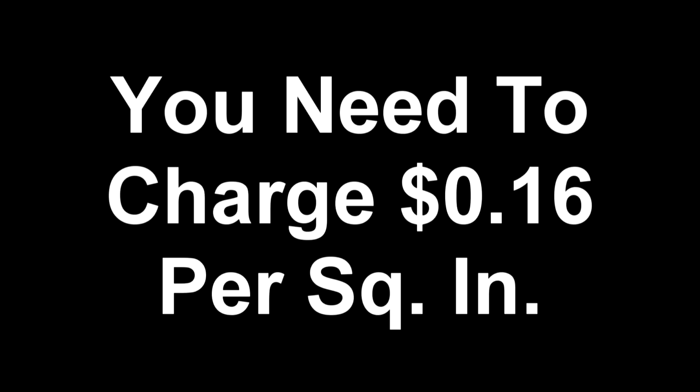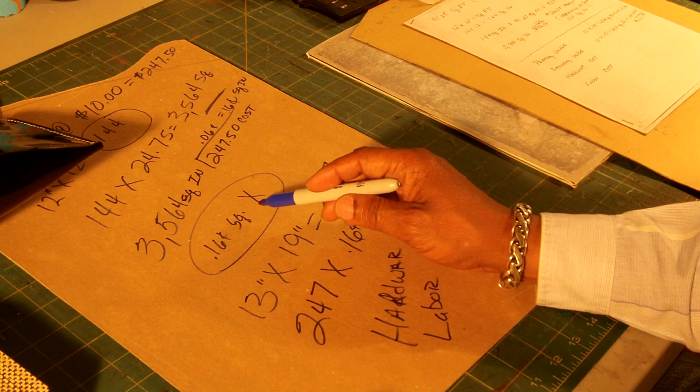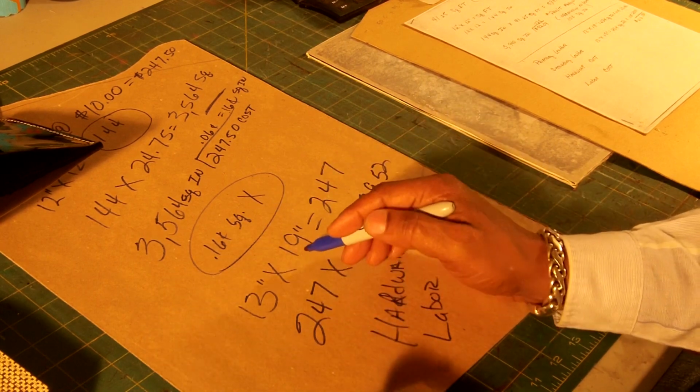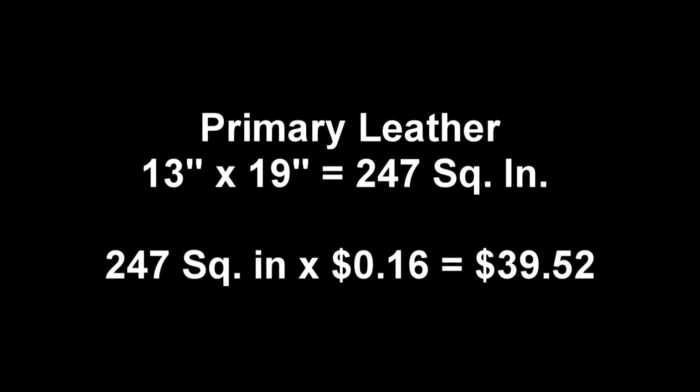Okay, now that we know that we need to charge 16 cents per square inch for the leather that we have purchased, we also know that the pattern is 13 inches by 19 inches. So we'll take the 13 by 19 inches and multiply that, and that'll give us 247 square inches.